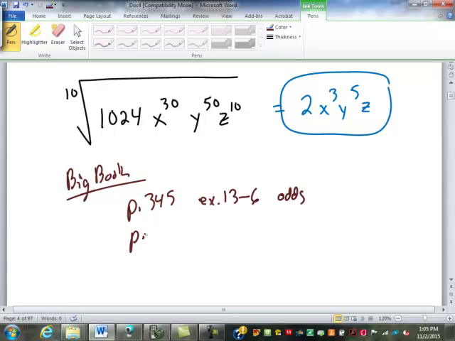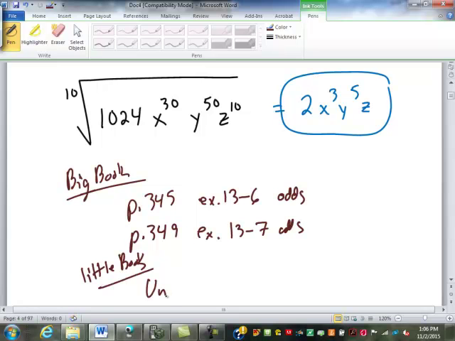Also in the big book, page 349, exercise 13-7, also do the odds. Then in your little book, units 30 and 31, do the odds.